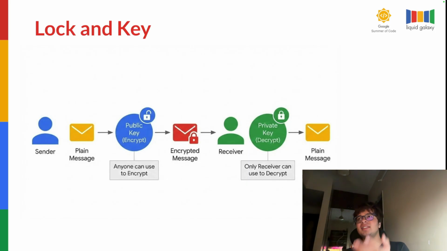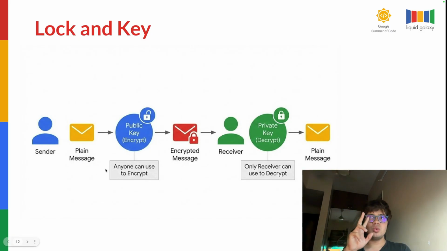And when this package hits the receiver, which is our slave node, the slave uses its own private key, and that only key in existence that fits that specific lock, to decrypt and read the original message.